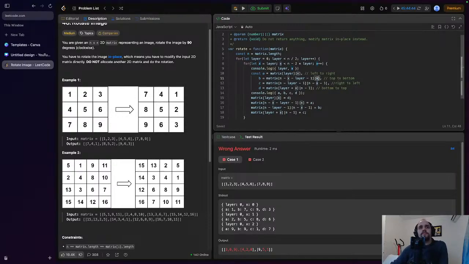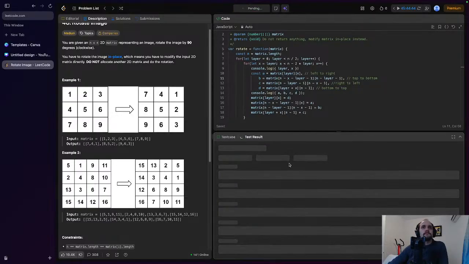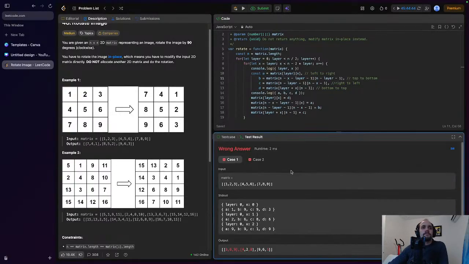Top to bottom. It's going top to bottom, then this needs to be n minus 1 minus layer. Two, 6, 8, 4. So D is incorrect.